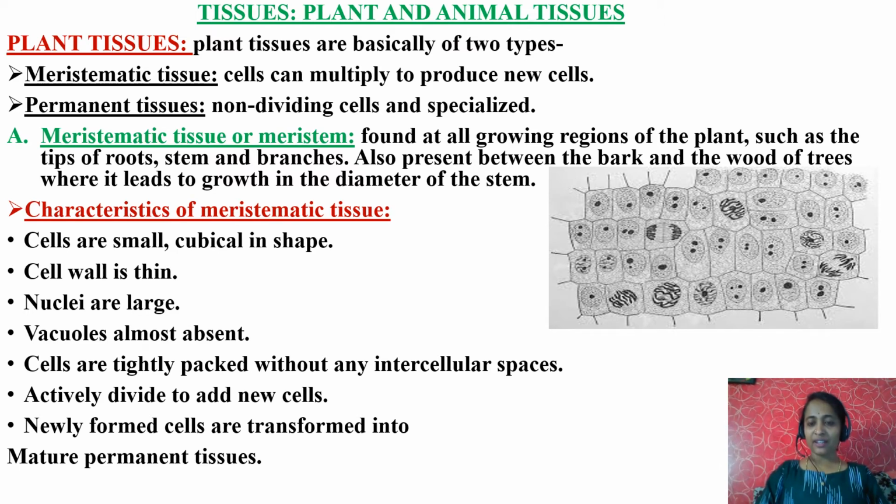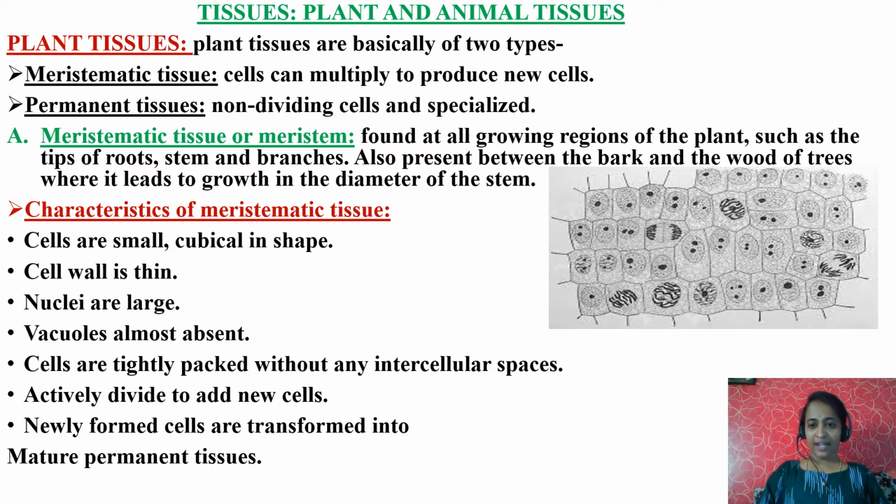You might have seen the outermost layer of a tree, the outermost part that we can peel off. That is bark. Next to bark you can see the wood. So between bark and wood there is a meristematic tissue. What is its function? By increasing cell division, it also increases the girth or diameter of a tree.